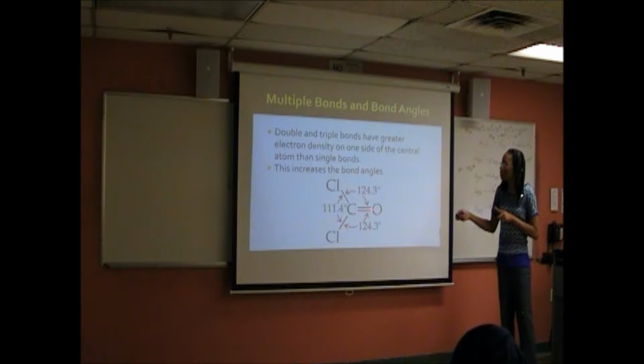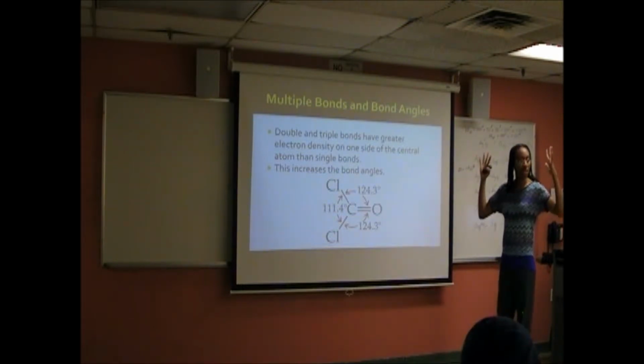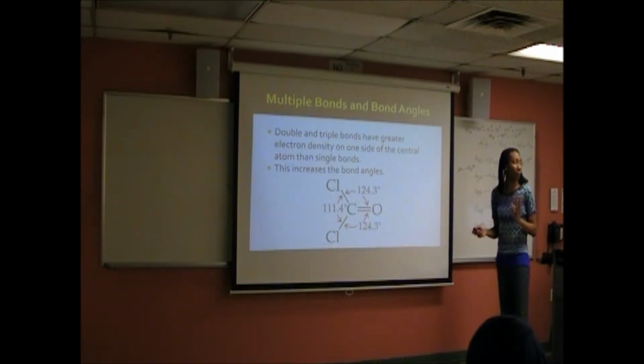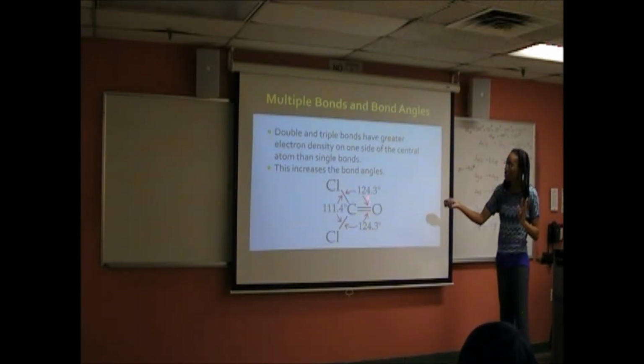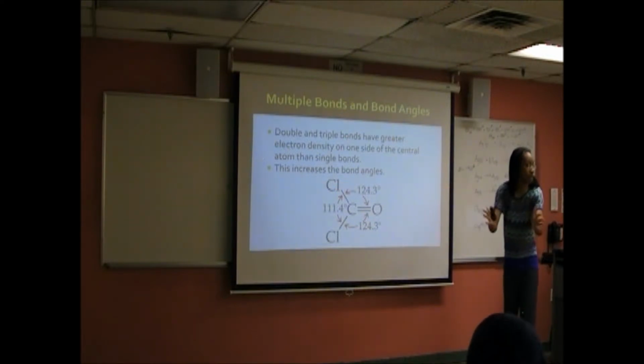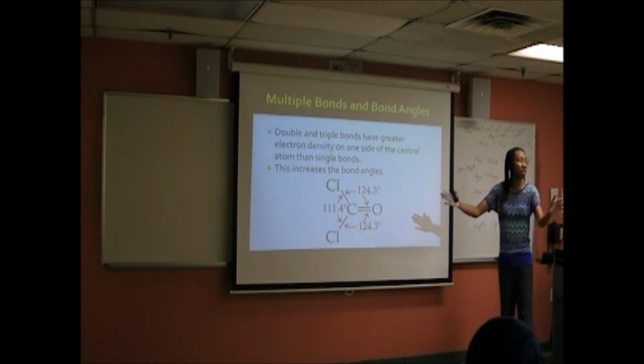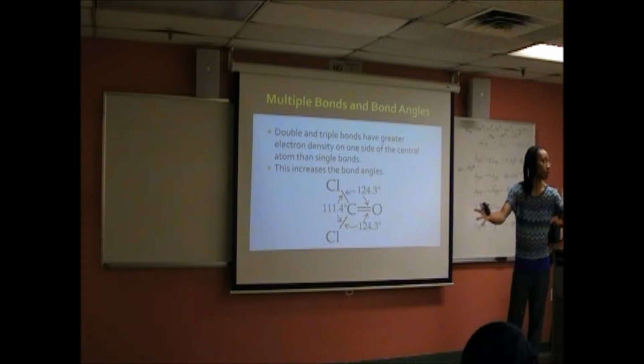But because you have this double bond here, your 2 chlorines are going to run away from the excess electron density, and therefore this angle is going to increase, and the carbon-chlorine angle will decrease because they're coming towards each other.